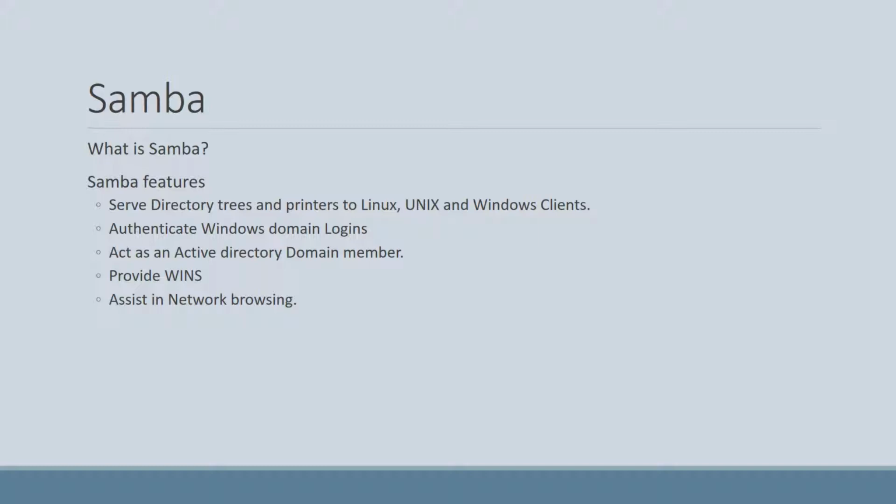It provides Internet Name Service WINS name service resolutions. It acts as a Windows NT-style primary domain controller. It acts as a backup domain controller for a Samba-based PDC. And last but not least, it acts as an Active Directory domain member server.